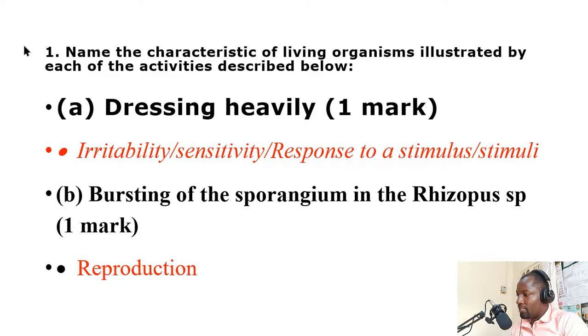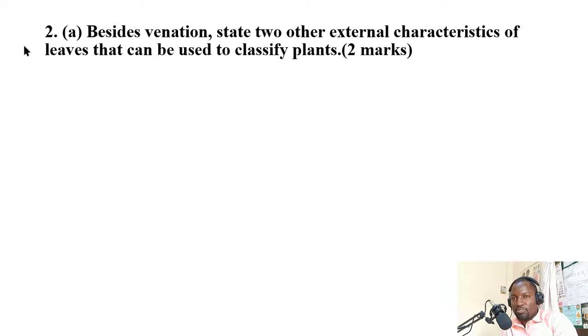Then question number 2: besides venation, state two other external characteristics of leaves that can be used to classify plants. Remember, plants are also classified, and therefore there are some features that are used to classify plants.